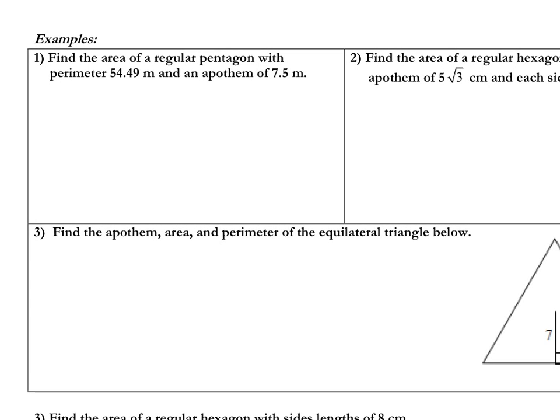Okay. So up top, let's go ahead and rewrite the formula. So 1/2 apothem times the perimeter. So it says find the area of a regular pentagon with perimeter 54.49 meters and an apothem of 7.5 meters.